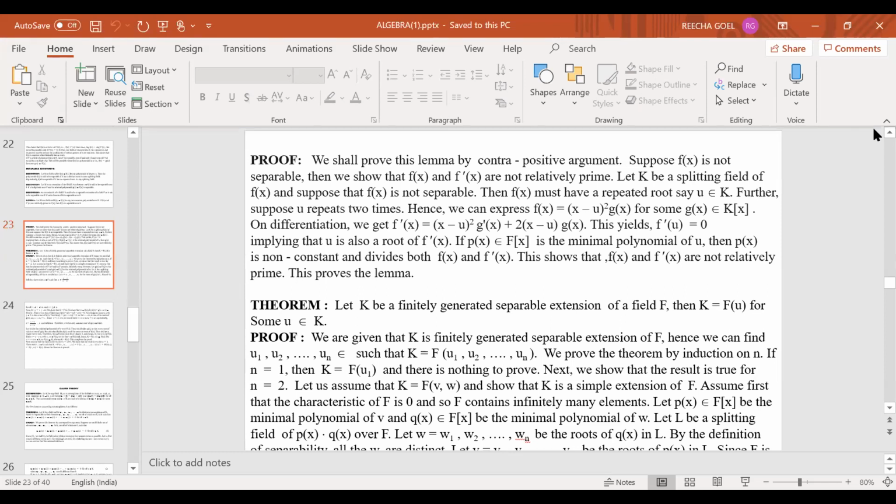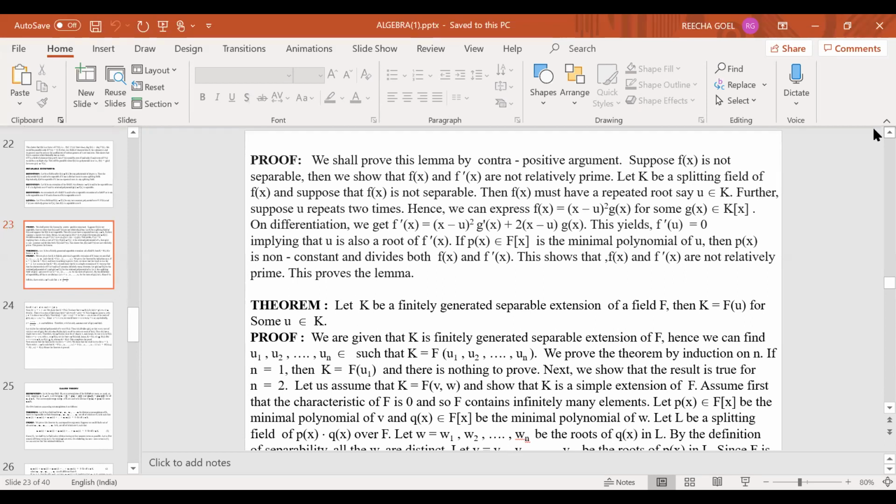Now if I differentiate it, you will see f'(x) is (x minus u) squared times g'(x) plus twice (x minus u) times g(x). Now this yields that f'(u) equals 0. That is, x minus u is a common factor of f(x) and f'(x).